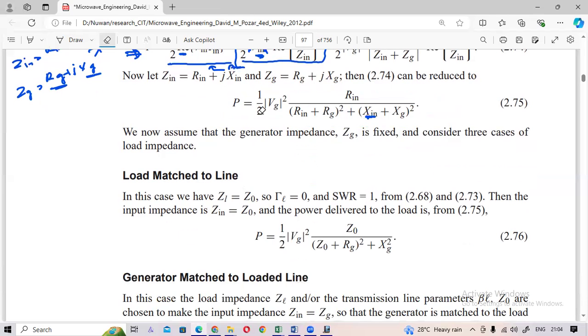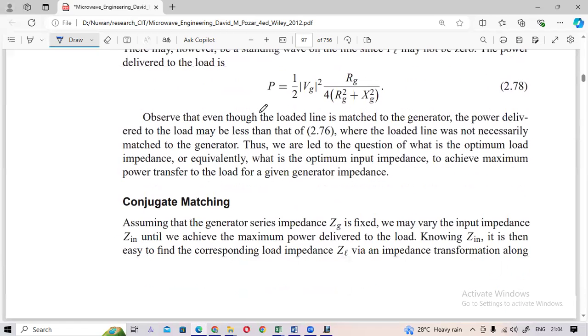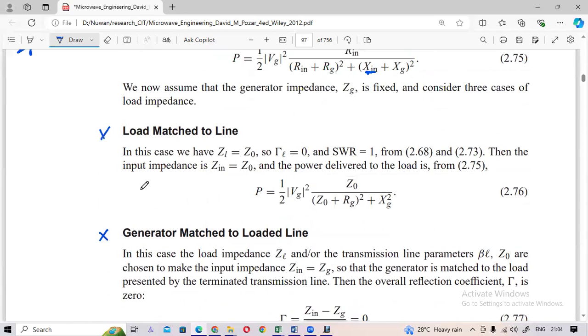Now they have considered three cases and calculated the delivered power. In this case there is a generator and there is a load.